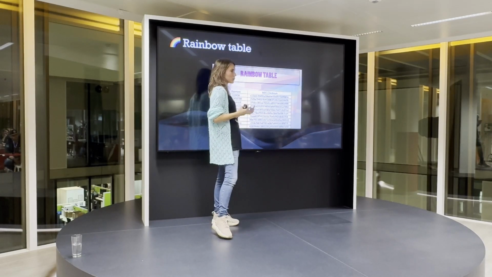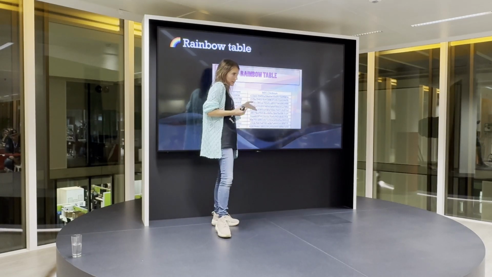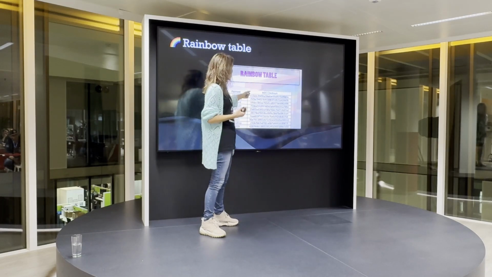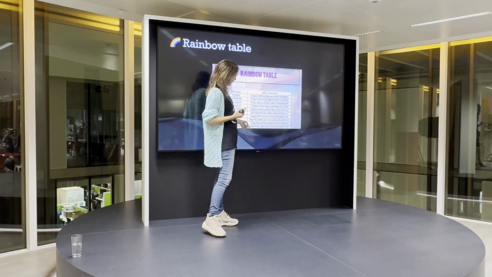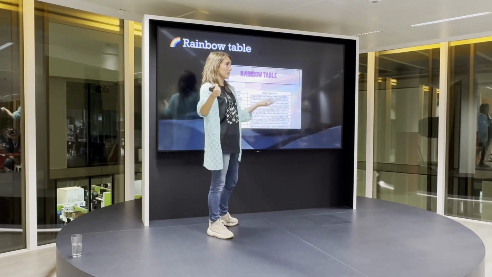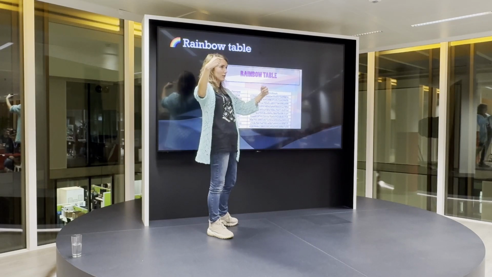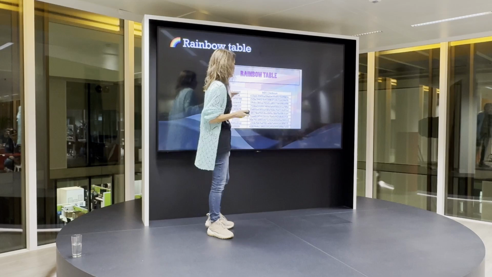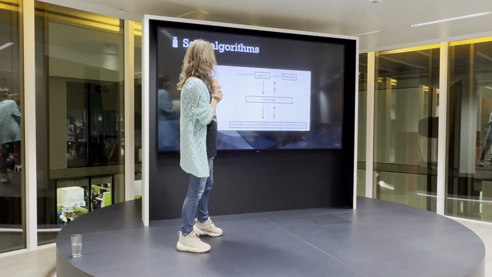So no work should be done here to calculate this hash. They just go through this whole table and try, for example, to connect it to the stolen database. And if there is a match, it's the same, so they now know your password.